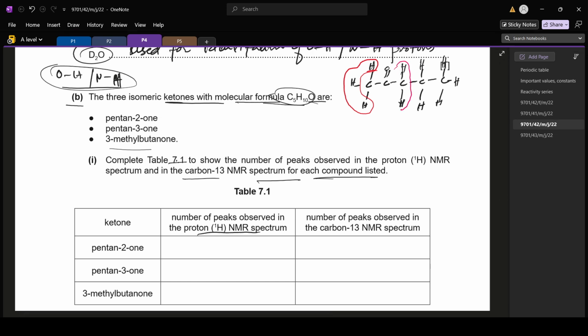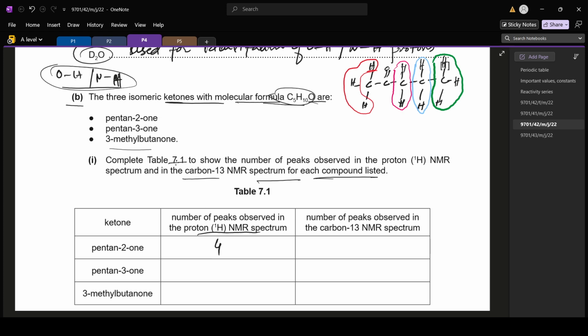These two hydrogens have the same environment, and then these two hydrogens will have the same environment, and in the last, this will also have a different environment. So how many environments of hydrogen are there in pentan-2-one? There are 4 environments. So 4 peaks will be shown.